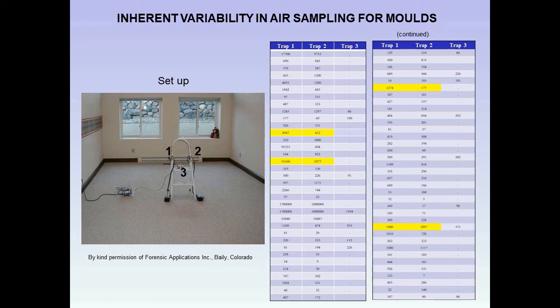Therefore, we are only reading a snapshot of what is going on. There will be a large difference, for example, between sampling while somebody's walking in the room and sampling possibly with all the windows open half an hour later. Sampling for moulds is almost irrelevant. These figures, by the way, are by kind permission of Forensic Applications in Bailey, Colorado.